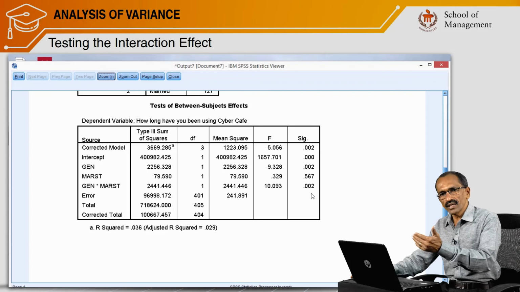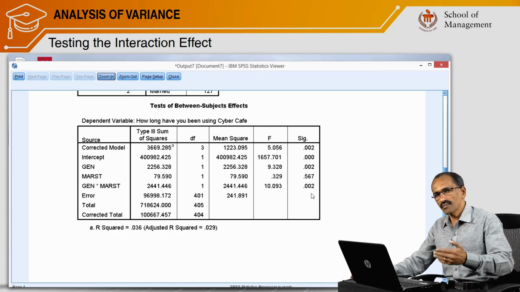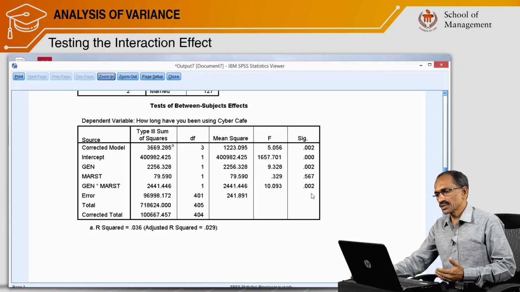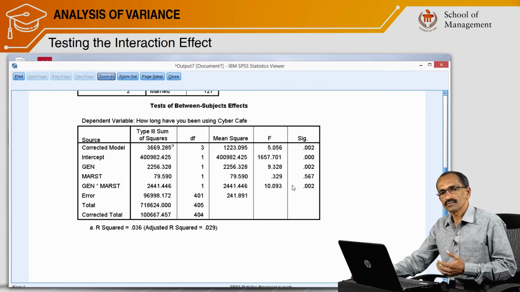The two identified variables, gender and marital status, interact to create an impact upon the duration of a cyber cafe visit. Since it is statistically significant, the significance value being less than the threshold of 0.05, we convincingly, empirically reject the null hypothesis and accept the alternative hypothesis.